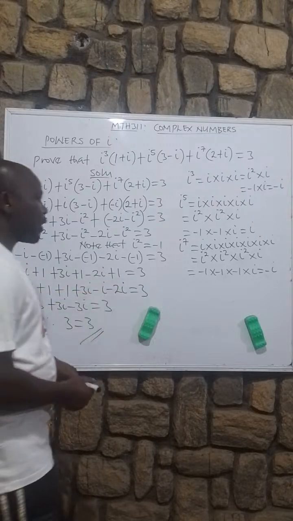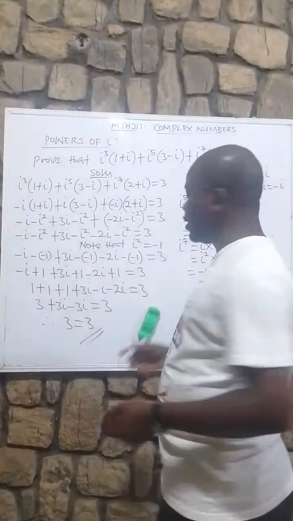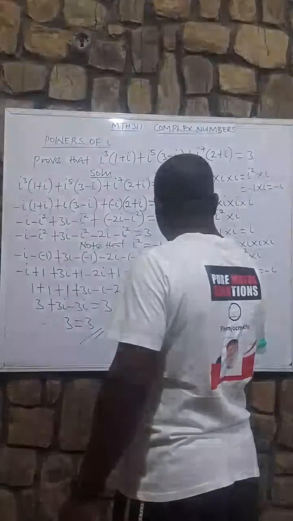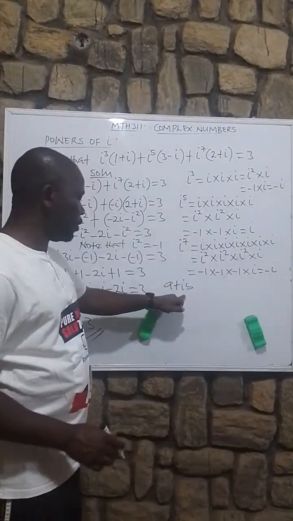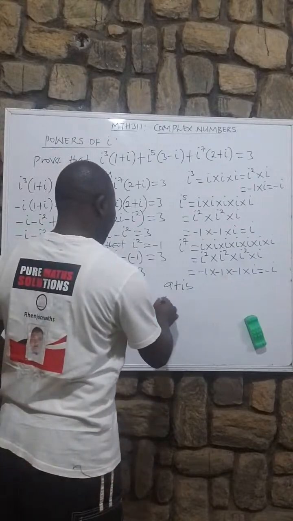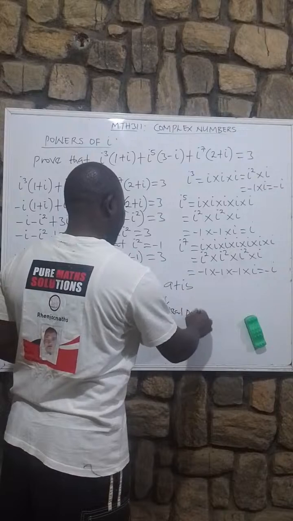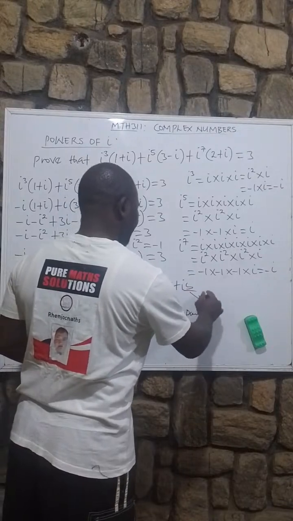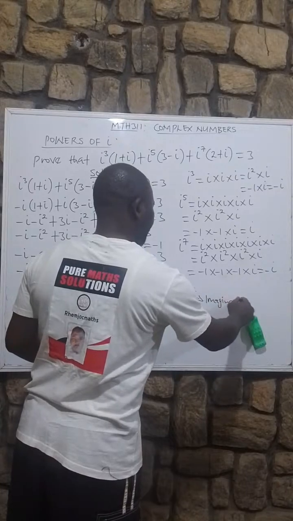In our first class, I tried to explain what a complex number is all about. These are complex numbers, true or false? This is the real part, and here is the imaginary part, true or false?